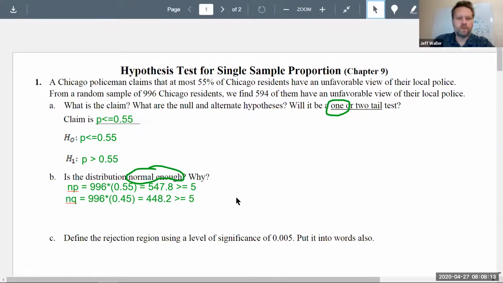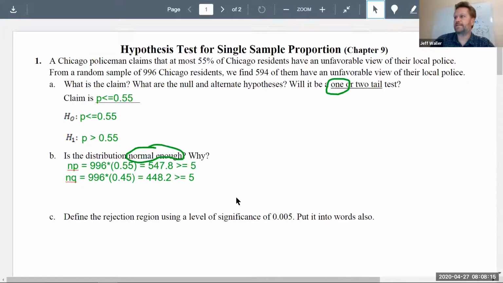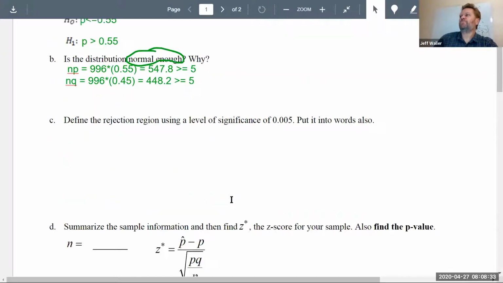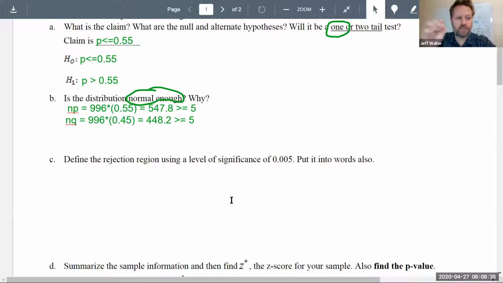Okay. Normal enough. Yes, it is, because it passed the test. So if you have a mean problem, it has to say it's normal, or n's got to be greater than 30. If you have a percentage problem, your check probably should include the percentages. So it's NP, NQ. Step C doesn't change.